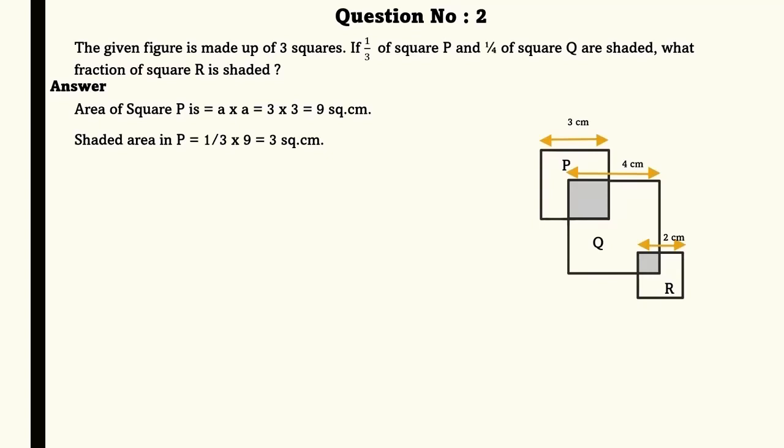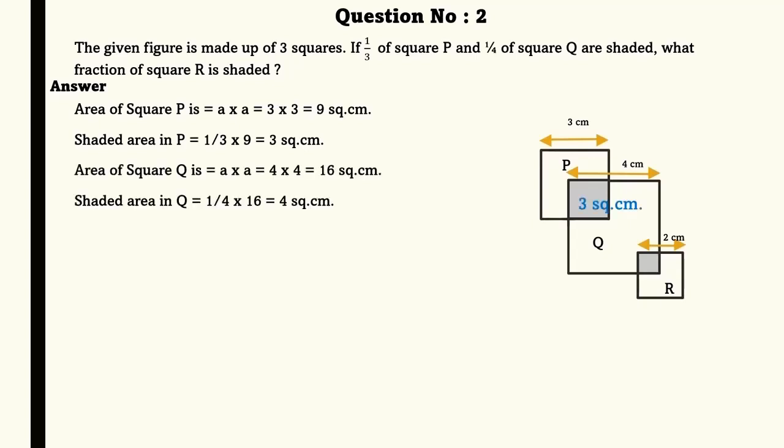So, the shaded area is equal to 1 by 3 of 9, which is equal to 3 square centimeter, because they have given that 1 by 3 of square P is shaded. Similarly, for Q, we will get the shaded area as 4 square centimeter.